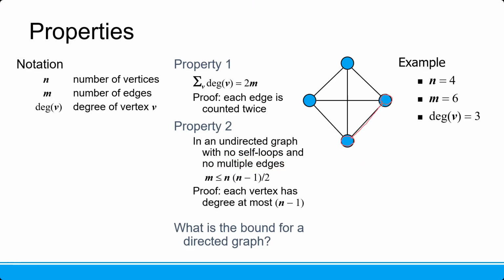So we have one edge, and if we have another edge like this one, then we call this multiple edges. Okay. So if it is an undirected graph and no self loop and no multiple edges, then we will have this property.